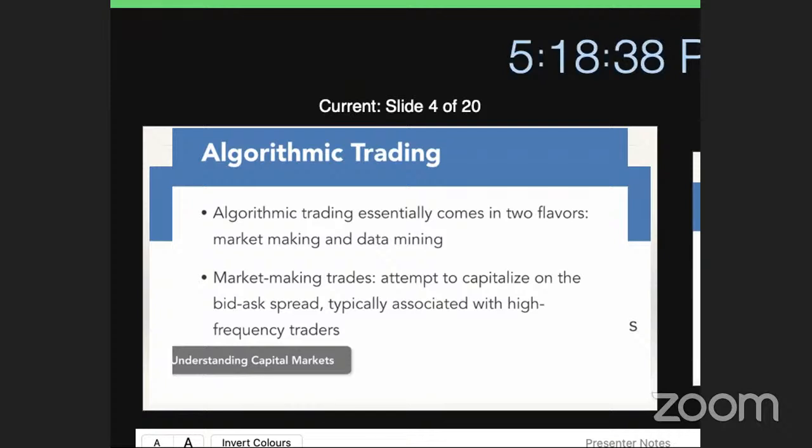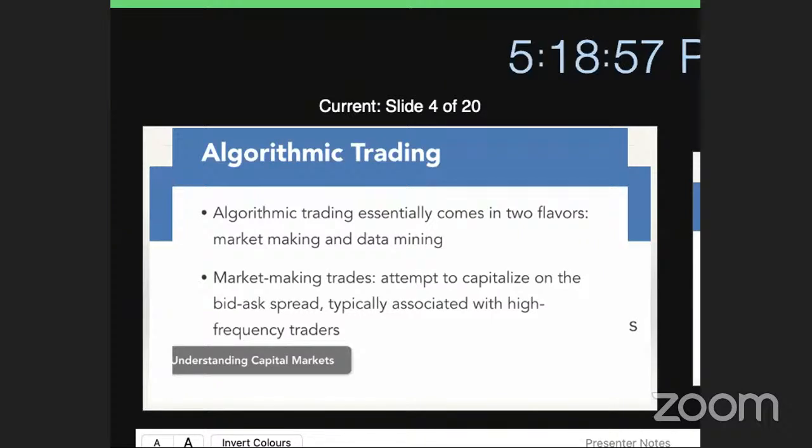So if you're not able to understand all these terms, you may try to take a beginner course on understanding capital markets, if you wish to do that. Otherwise, it's okay.